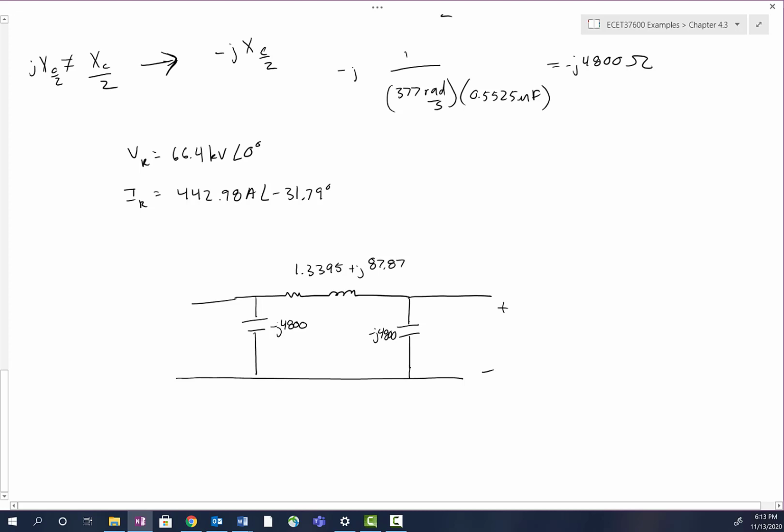We know the voltage measured at the end of the line was 66.4 angle 0 degrees kV, and this current in that line right there was 442.98 amps at an angle of negative 31.79 degrees.